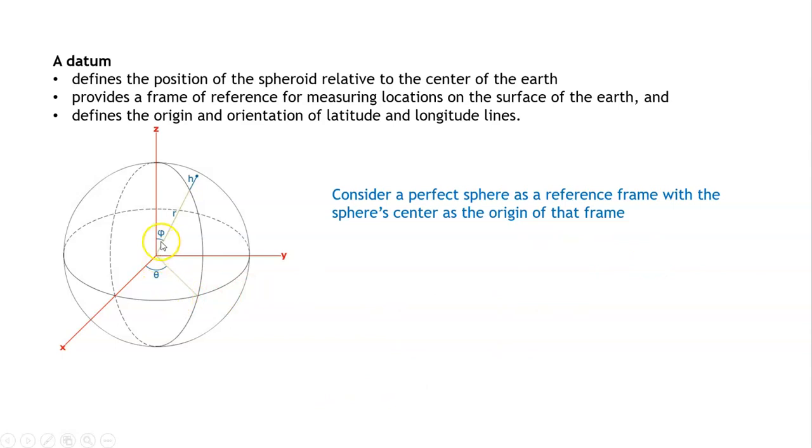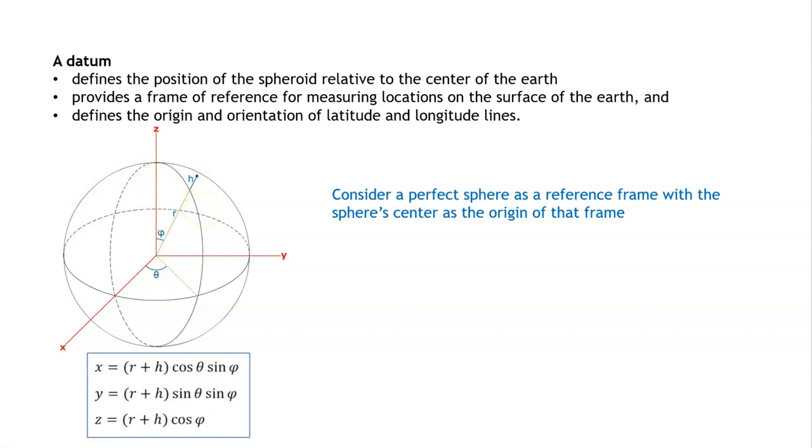Now we have theta and phi being the angles. One is the horizontal and the other is the vertical angle. Now the positions are defined with the help of x, y, z. As you can see here, x is (r plus h) cos theta sine phi, y is (r plus h) sine theta sine phi, and z is (r plus h) cos phi.